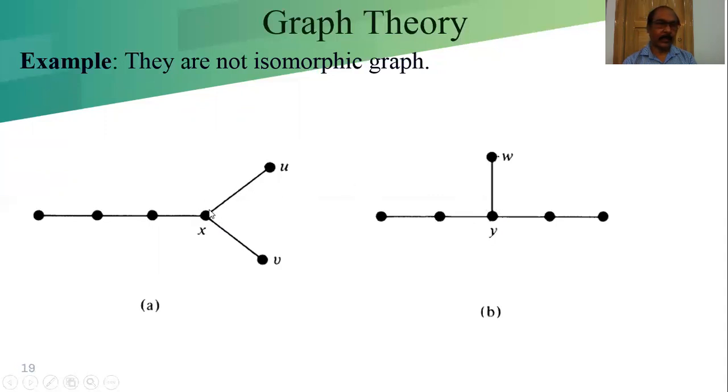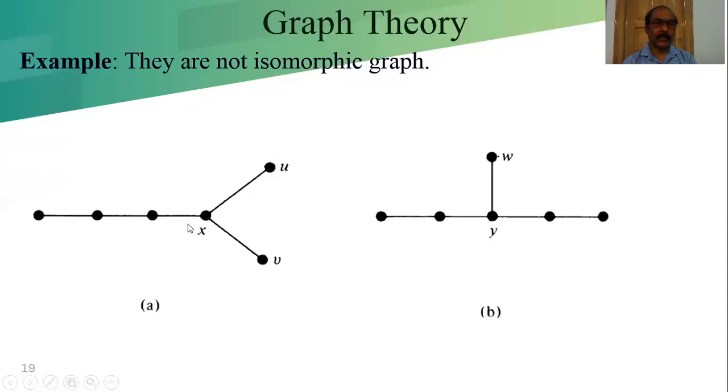One edge incident to this has an adjacent vertex of degree 1. Another incident edge at the vertex x also has an adjacent vertex of degree 1. But here it is not satisfying. Only one adjacent vertex is degree 1, and the other 2 adjacent vertices have degree 2.